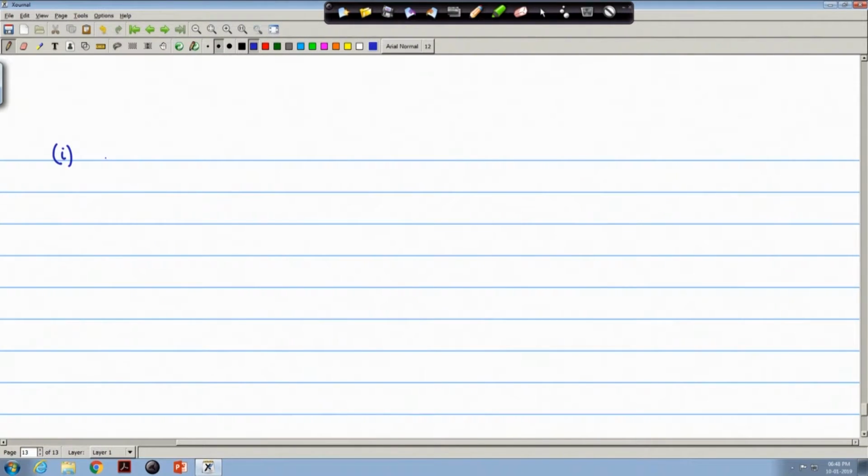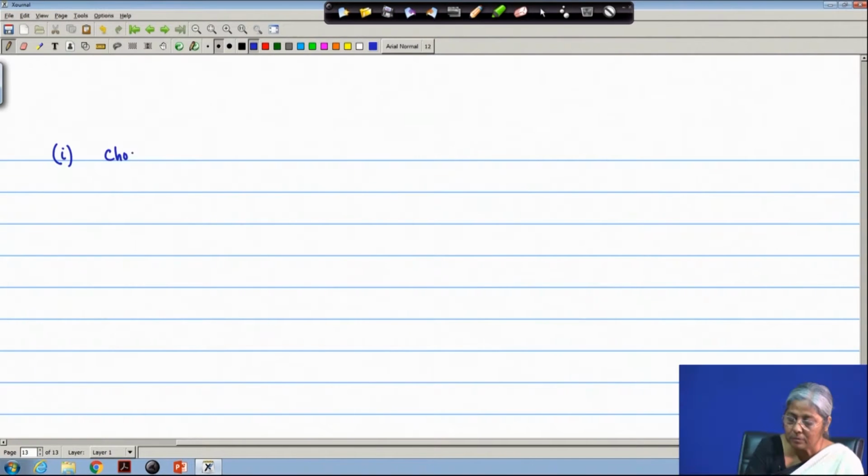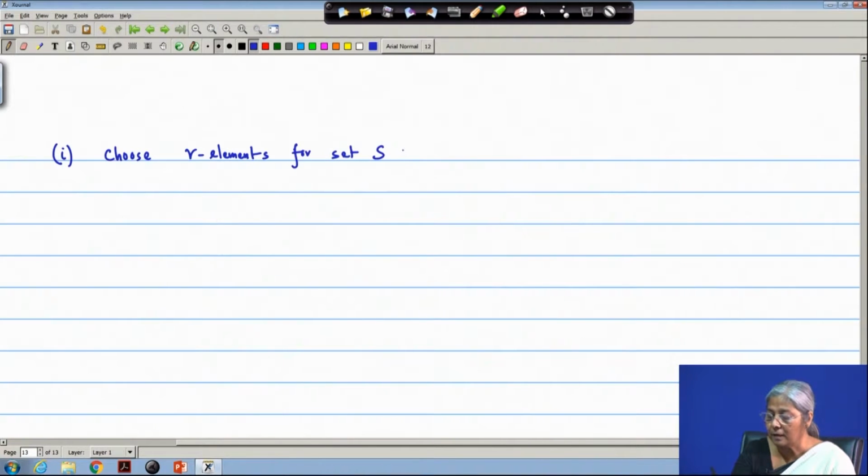So, the first one, choose R elements from a set S having n elements, is nothing but my NCR.